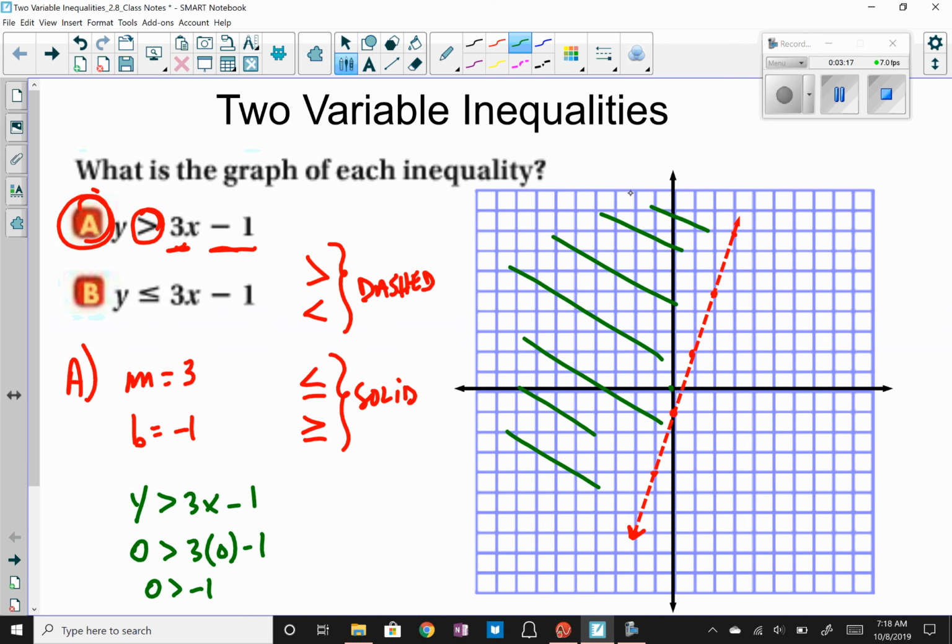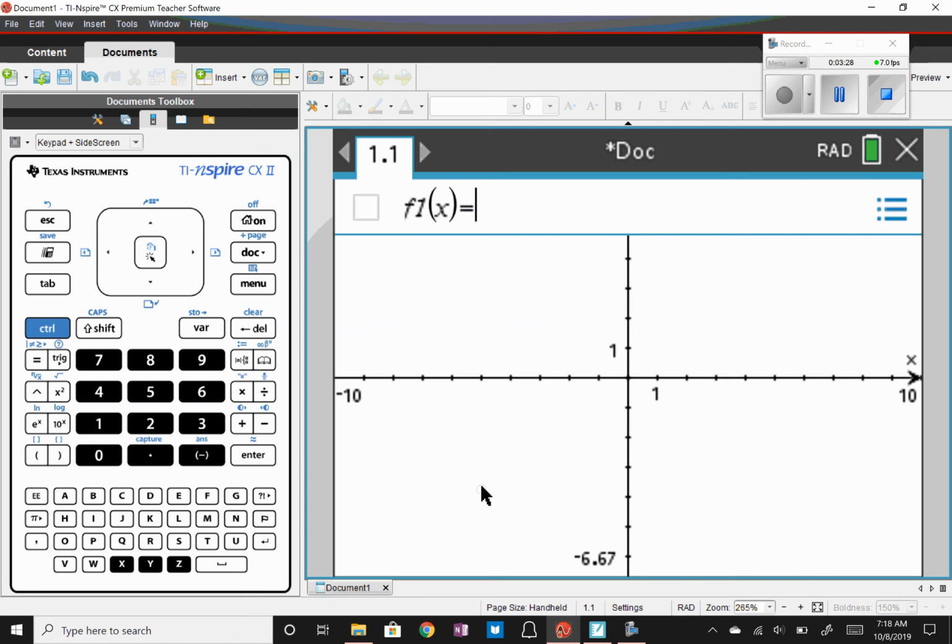Another way to do this, if you're not sure about using a test point, is to use the calculator. And we can enter the inequality into the calculator and determine from there where the solution area is, and then transfer that to our paper.